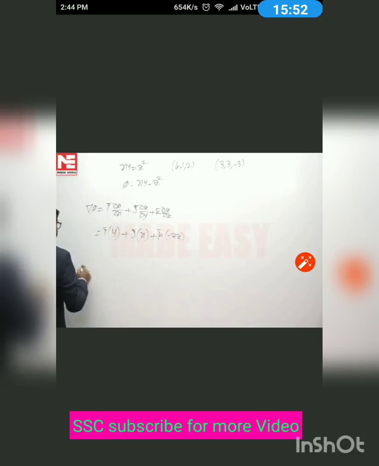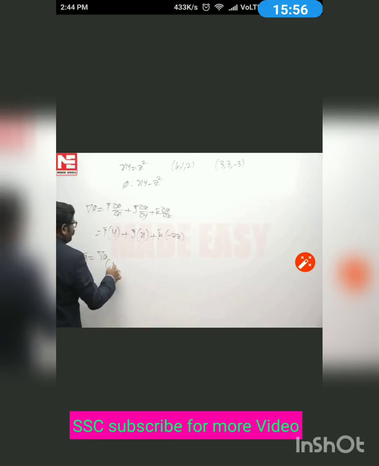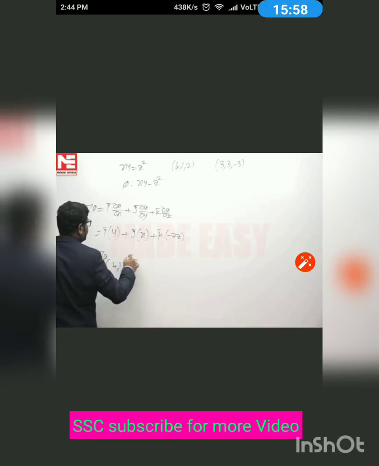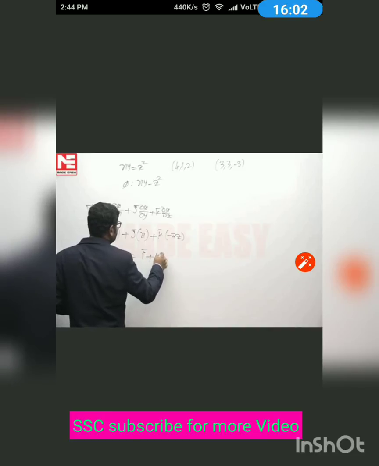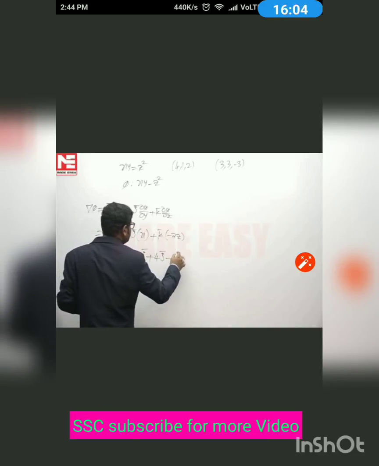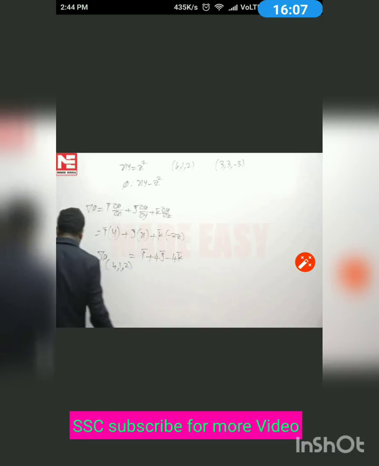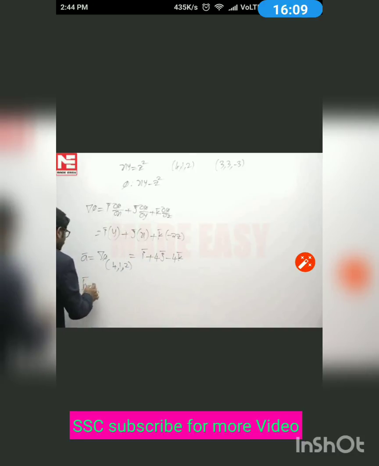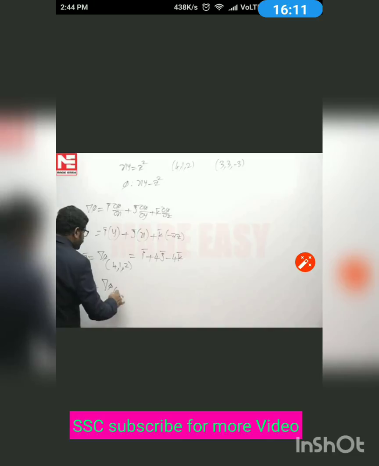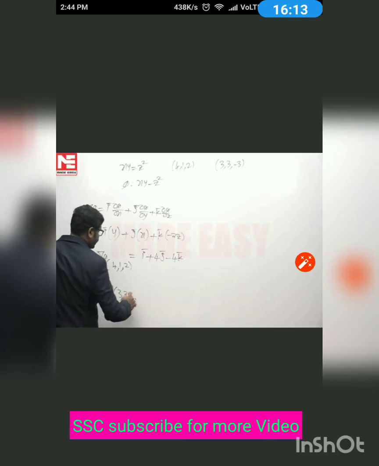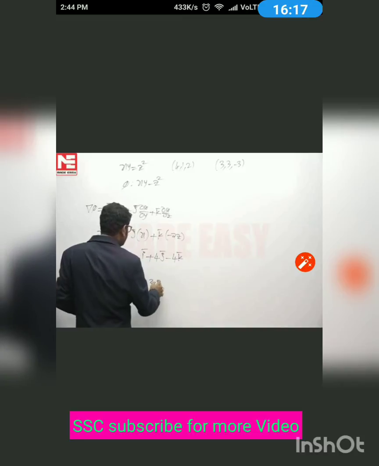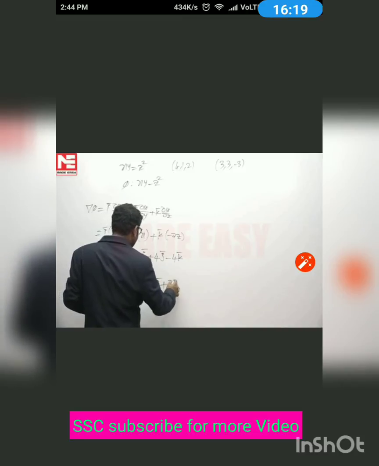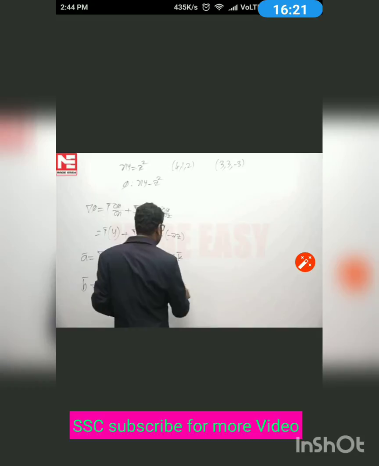Now, a bar is grad phi at (4, 1, 2), that is i bar plus 4j bar minus 4k bar. B bar is nothing but grad phi at (3, 3, -3). Now, 3 i bar plus 3 j bar plus 6 k bar.